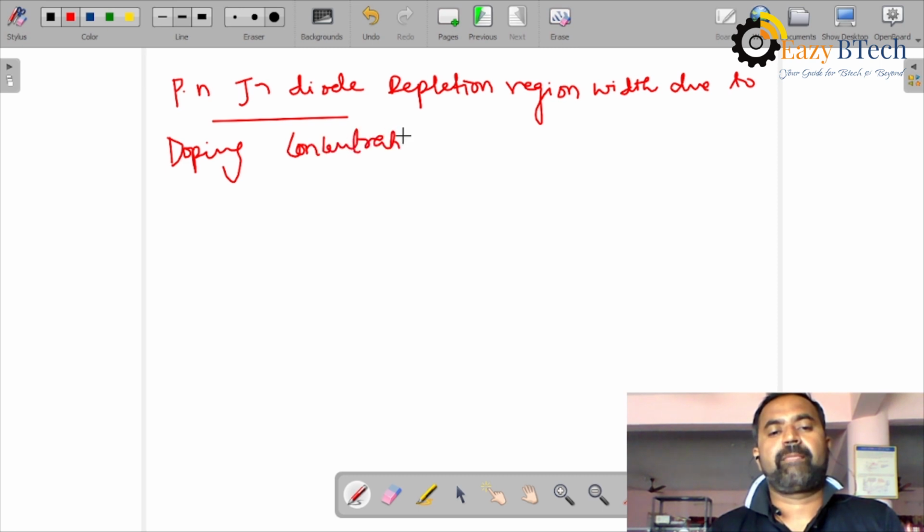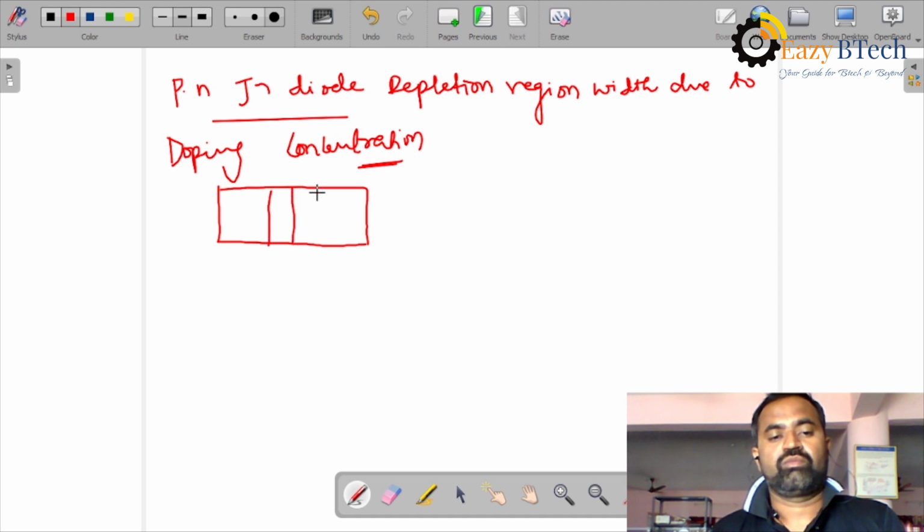Now you can see here, it is a P-type material and N-type material. This is a width expansion. This is a junction.